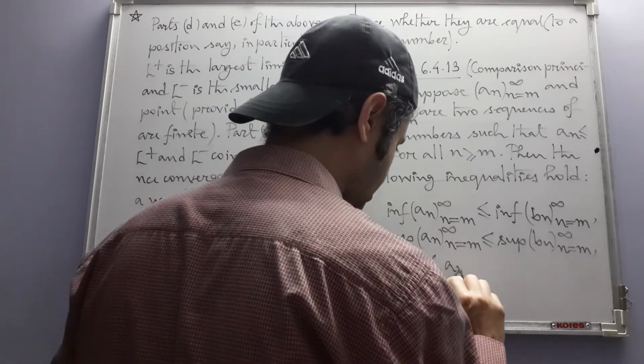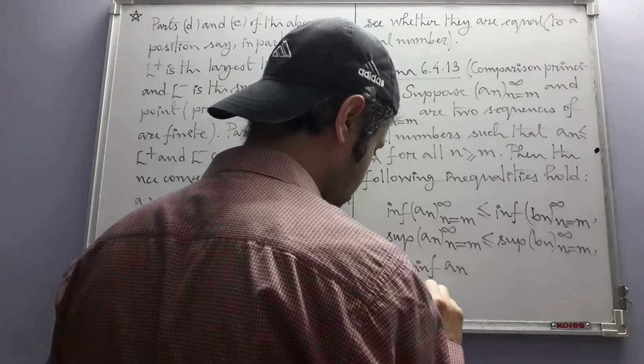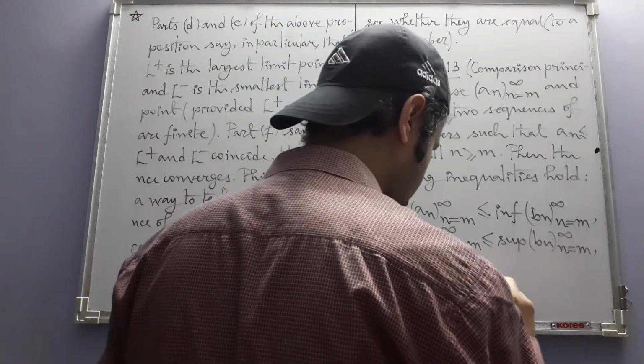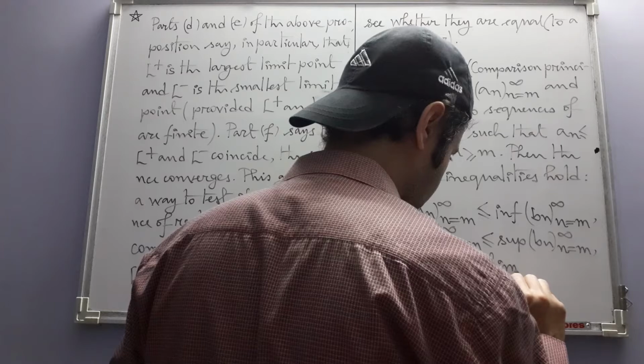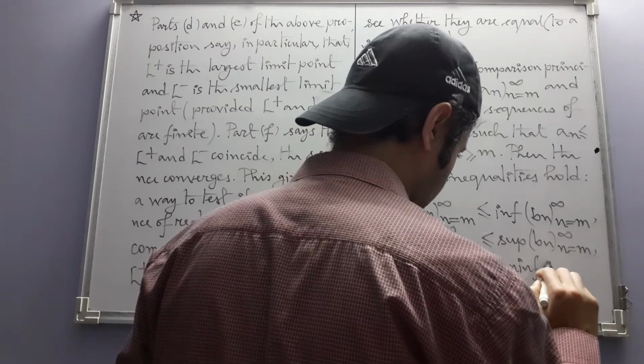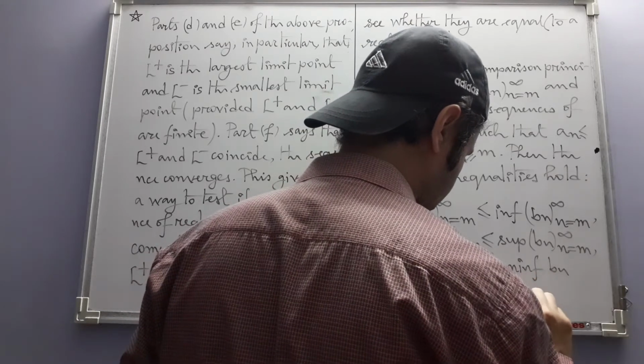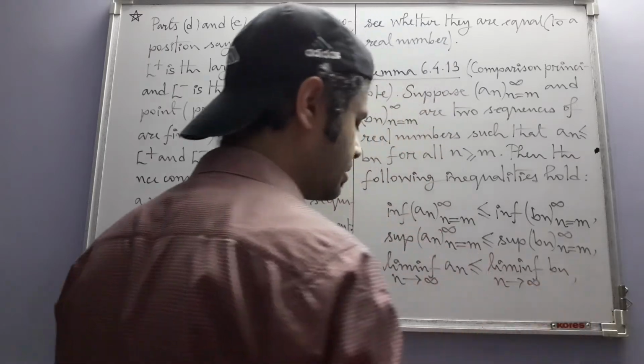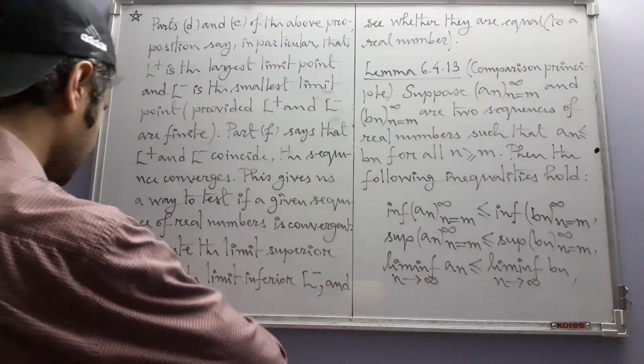Then the limit inferior of a_n is also less than or equal to the limit inferior of b_n, and you can guess the next one, it has limit superior.